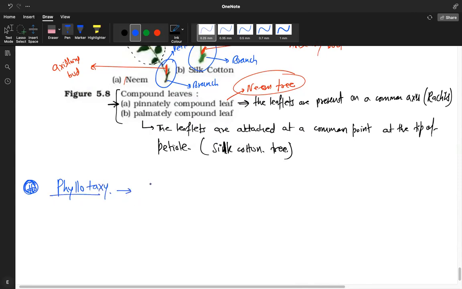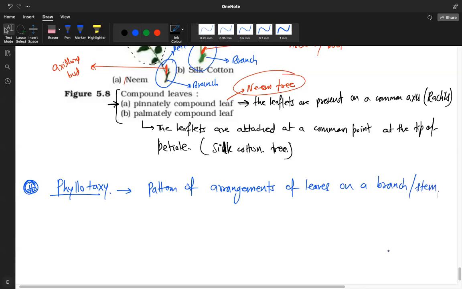It can be defined as the pattern of arrangements of leaves on a branch or stem.